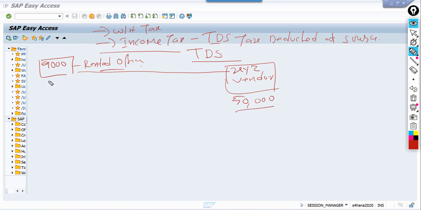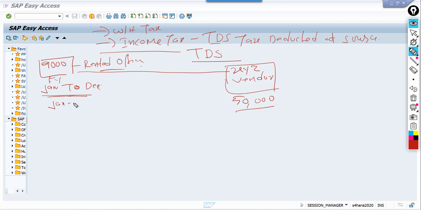Let me take our financial year, that is fiscal year. We are starting from Jan to, since we are using K4, December. So we are paying rent from Jan to December. All months we are paying.